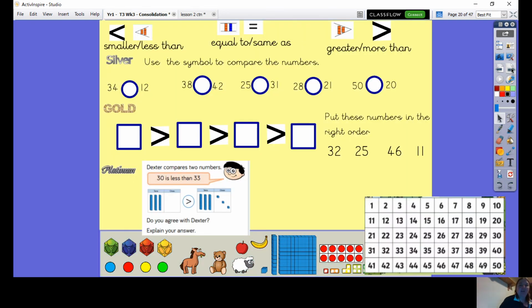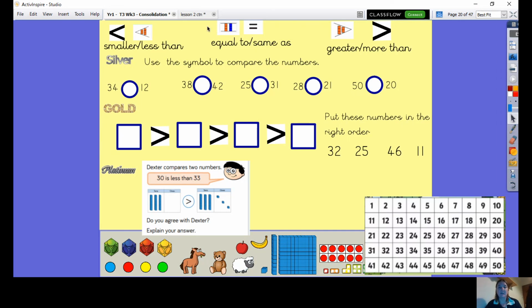Okay, so let's have a little look at what your work is this morning. So the silver activity is using these symbols. It's just comparing these numbers using the symbols. The gold activity is really similar to what we were doing earlier. But if you notice this time, instead of smaller than, smaller than, it has greater than, greater than, greater than.